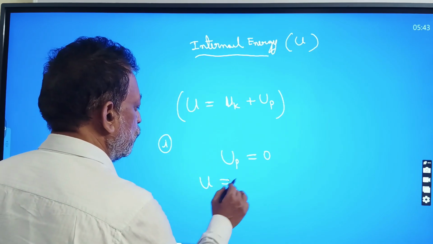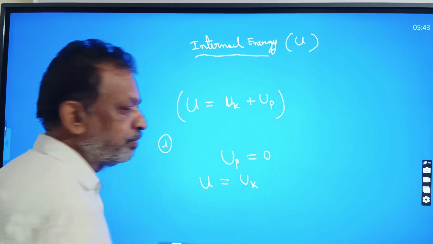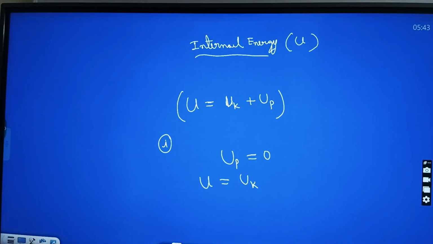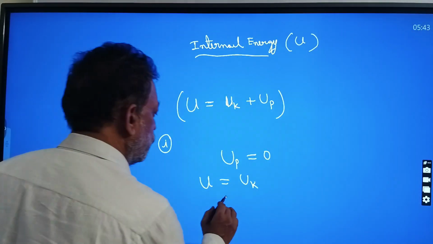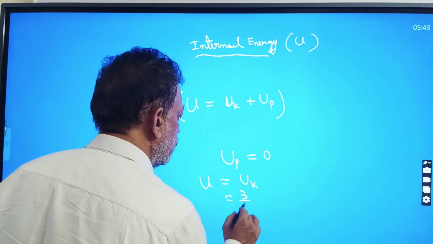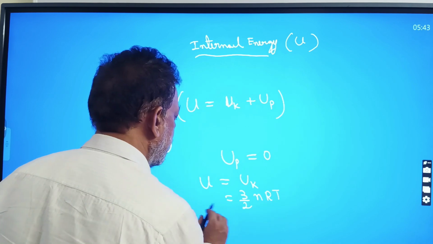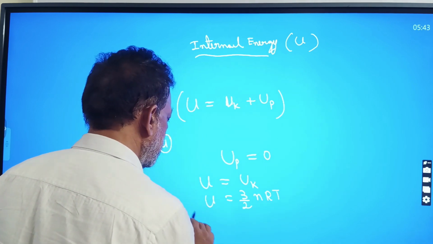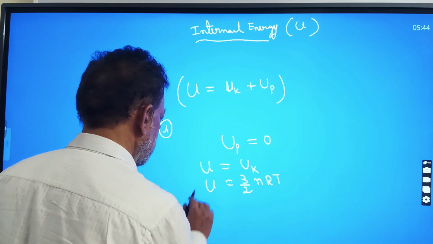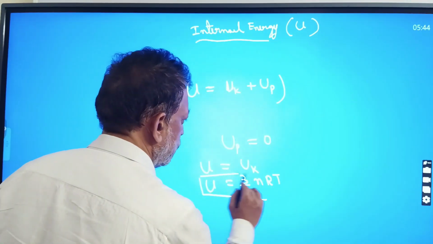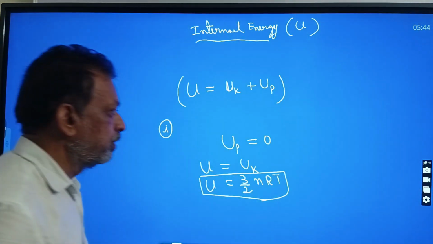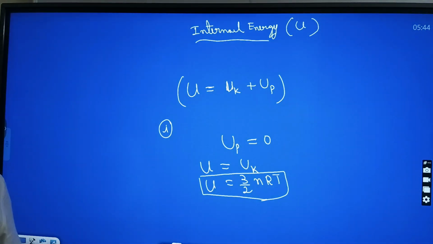So U is equal to UK, the internal kinetic energy, which is equal to 3/2 nRT. For an ideal gas, this is the internal energy. Next point.